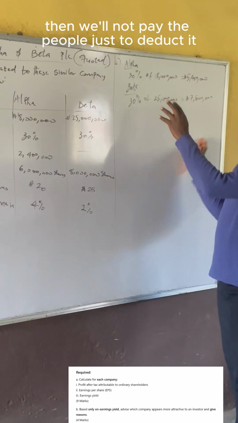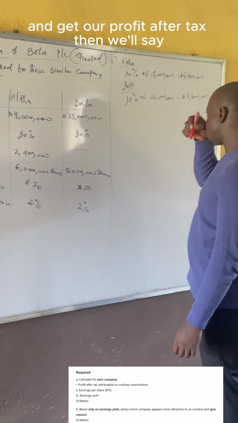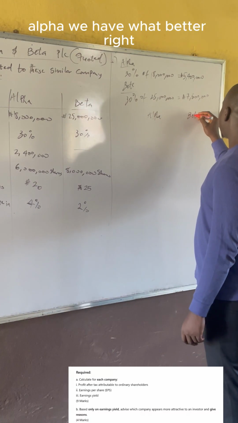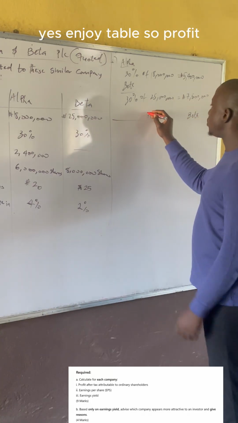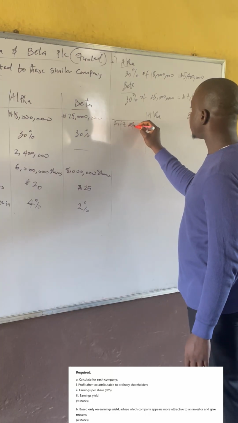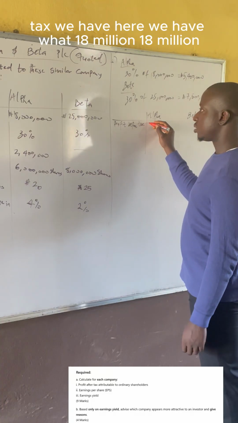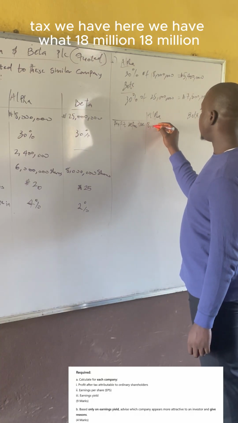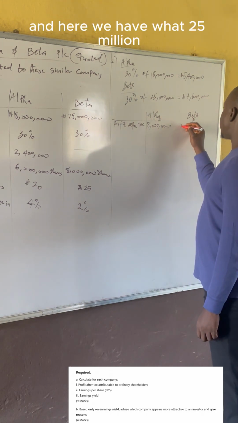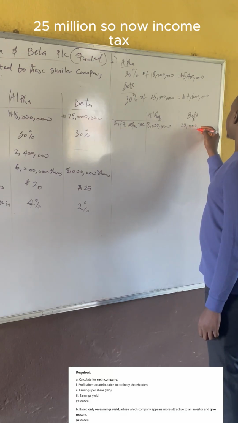Then we deduct it to get the profit after tax. We draw a table with Alpha and Beta. Profit before tax is 18 million and 25 million.